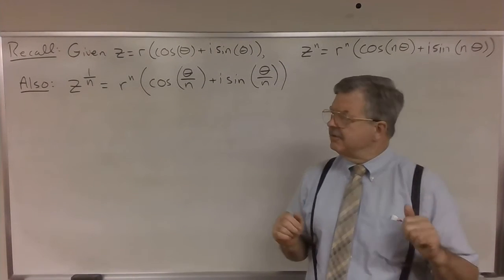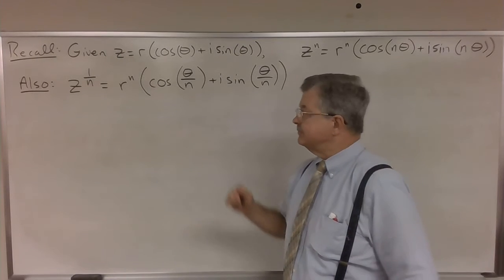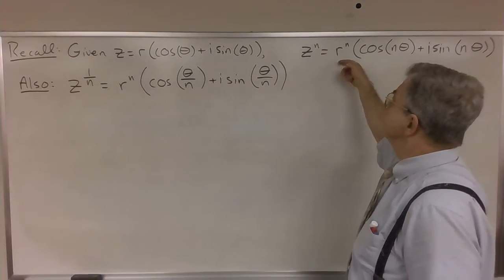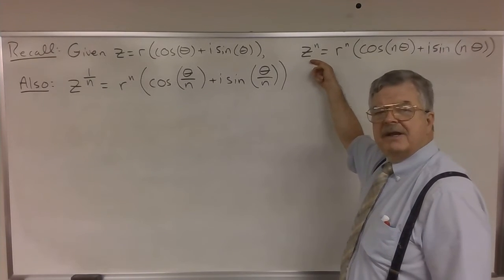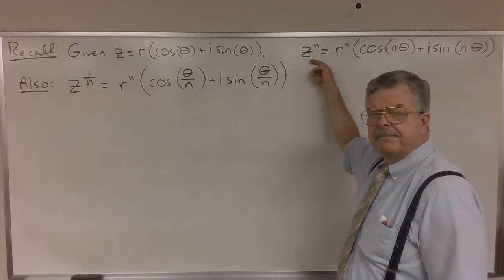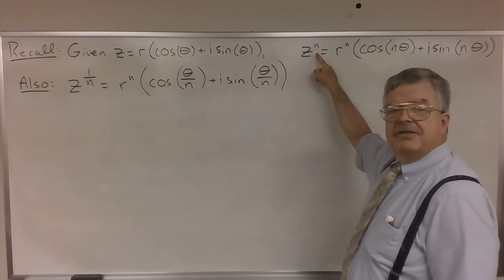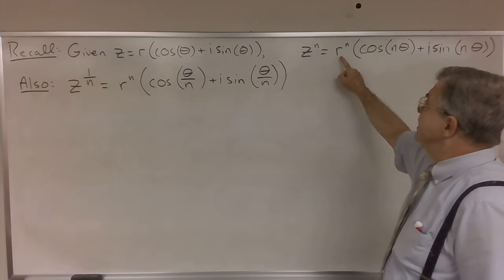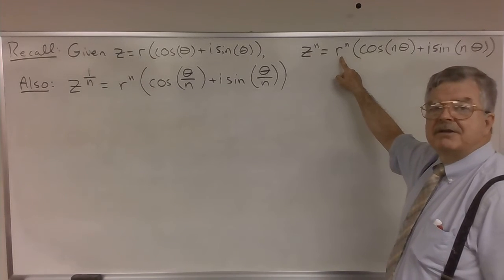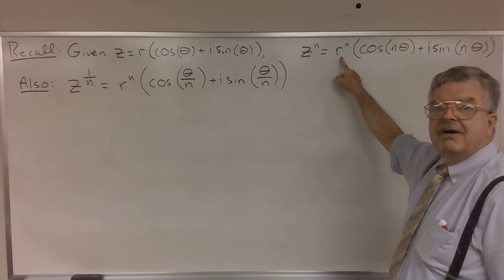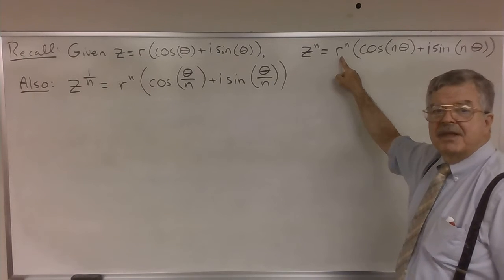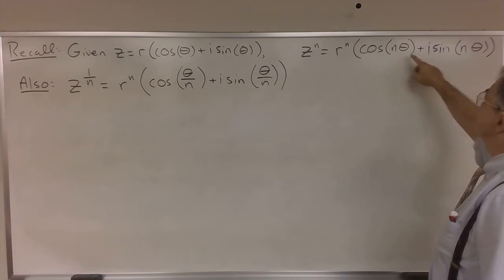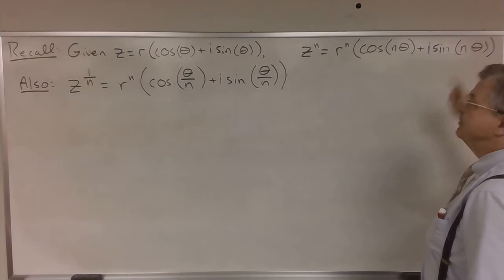In our last lecture, we derived this result. If we take a complex number in polar form and raise it to the nth power, what we get is essentially the modulus r raised to the nth power times cosine n theta plus i sine n theta.